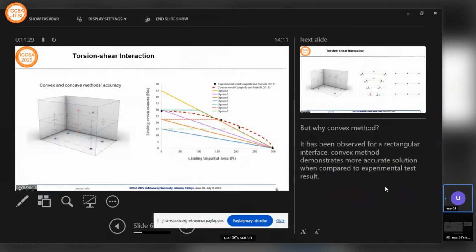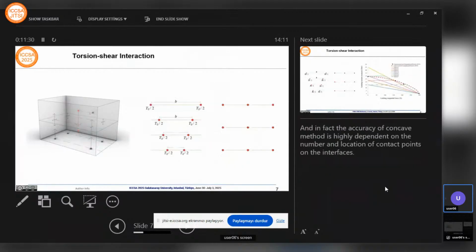the concave approach usually has several limitations, because finding the correct number of contact points and the location of the contact points is usually something that we can find through trial and error, and that can vary for different geometries of interfaces.